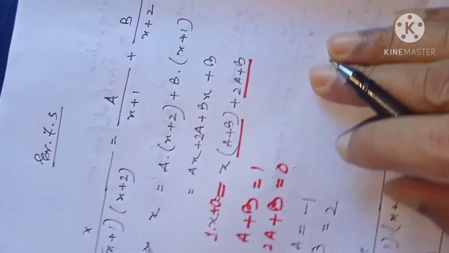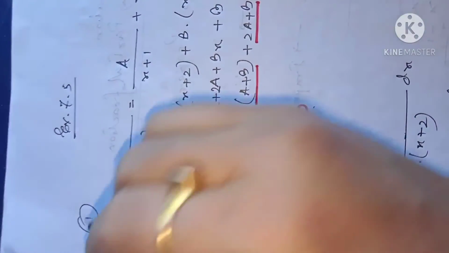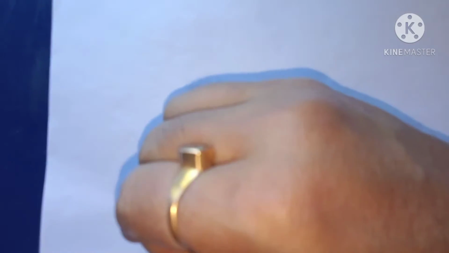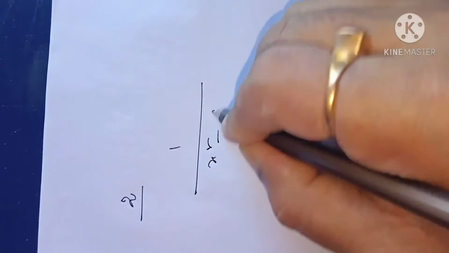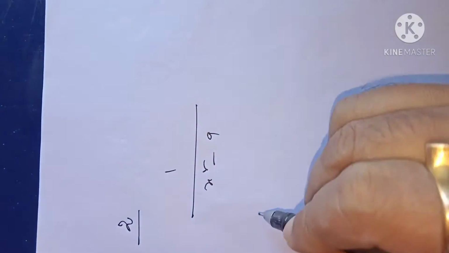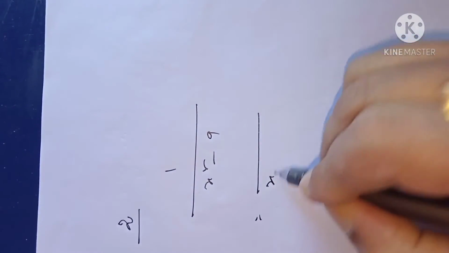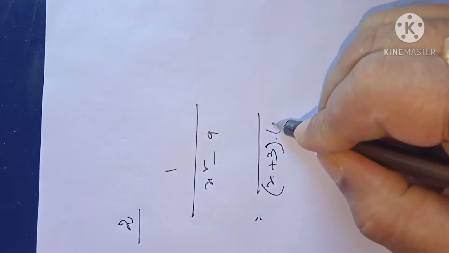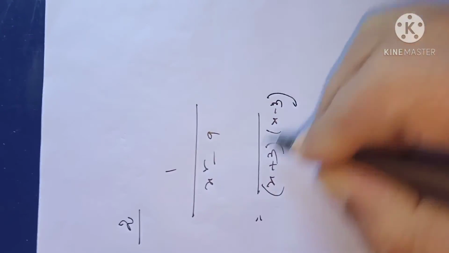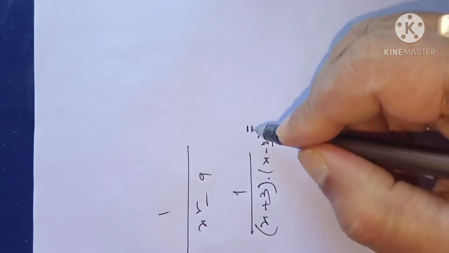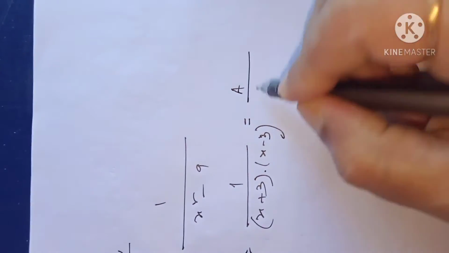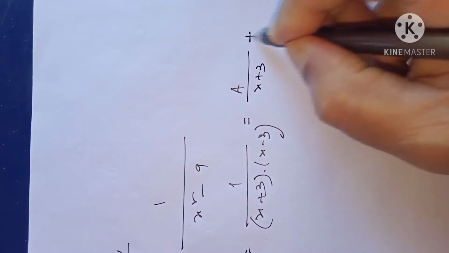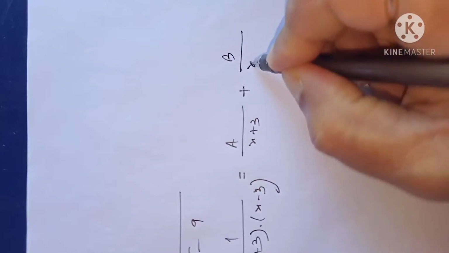So like this only, this is question number 1. You try question number 2, I'm just giving you the hint. The given expression is 1 by x square minus 9. Next step, write x square minus 9 as (x plus 3) into (x minus 3), and write 1 by that as a by x plus 3 plus b by x minus 3.